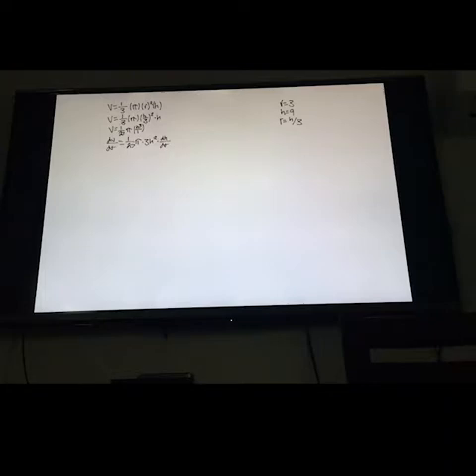We then find out that dV over dt equals 1/27 times 3 squared, which is 1/9 pi h squared times dh over dt.